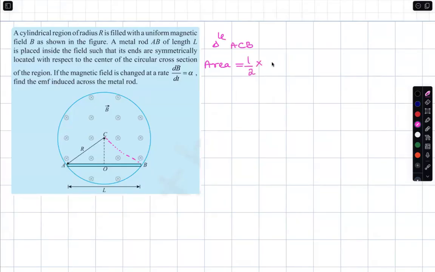Half into base L into height OC. All that is a constant. What is the flux in the loop which I have represented? Minus B into L by 2 into OC, which is root of R square minus L square by 4.